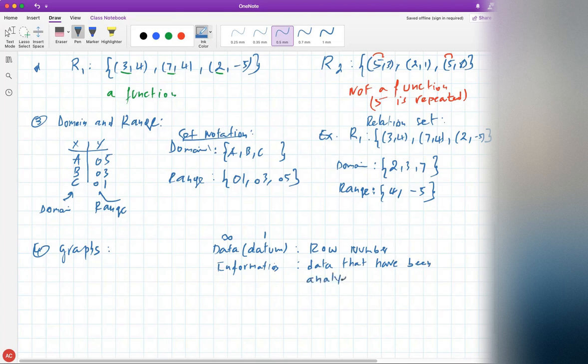I'm sure you've heard of data analysis. Or you see graphs in general, any graphs or maps, or see people breaking down the numbers and trying to understand why the numbers are the way they are. So that's basically what information is. We understand the data that have been analyzed and sorted.